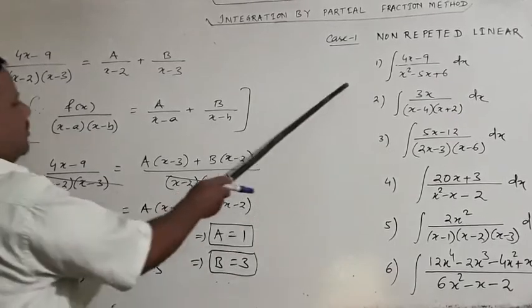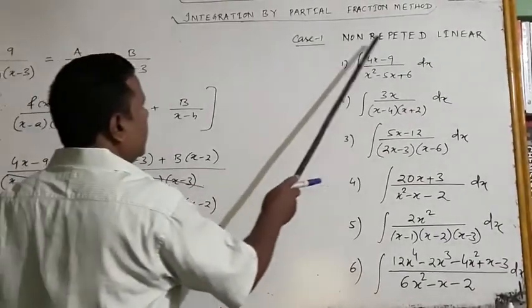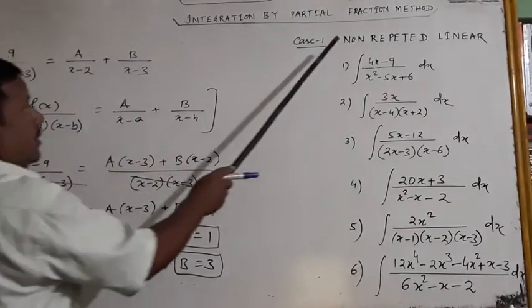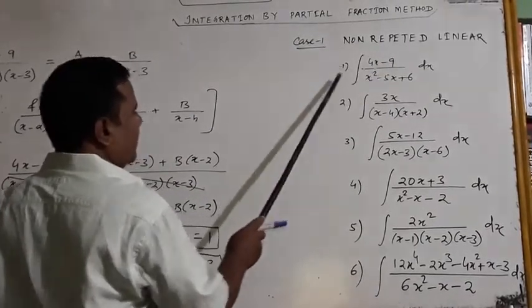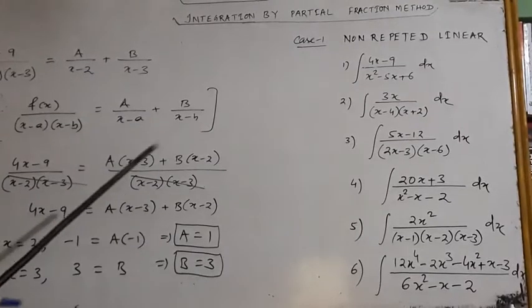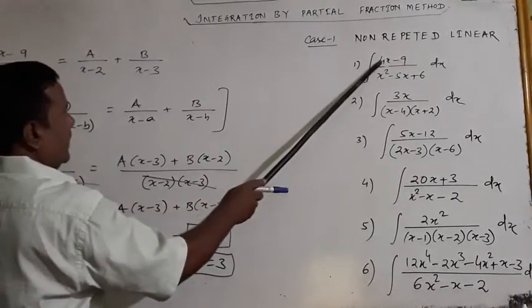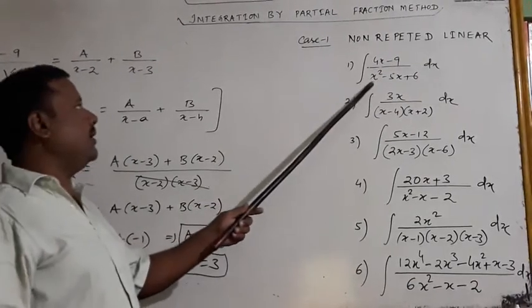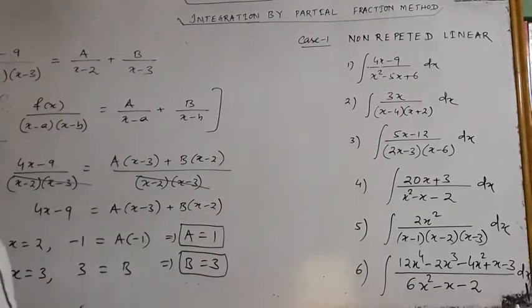Now there are 6 problems for non-repeated linear. I am giving case 1, non-repeated linear. There are 6 problems. First problem. The degree of numerator is 1 and the degree of denominator is 2. So the first condition is satisfied for f(x)/φ(x).